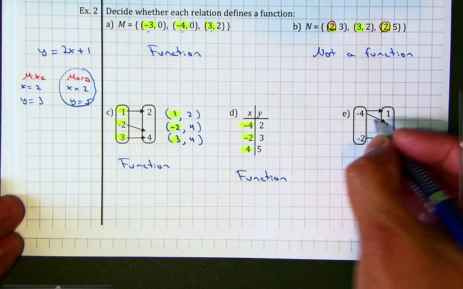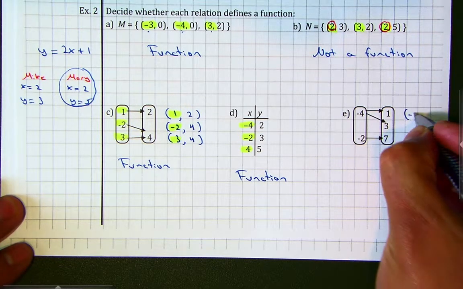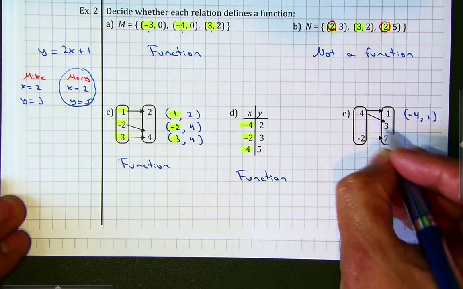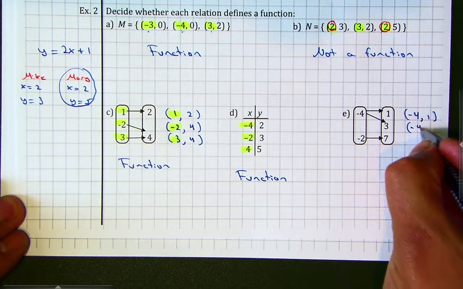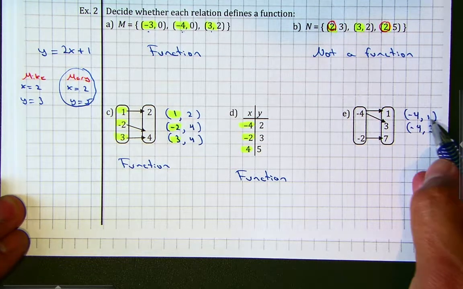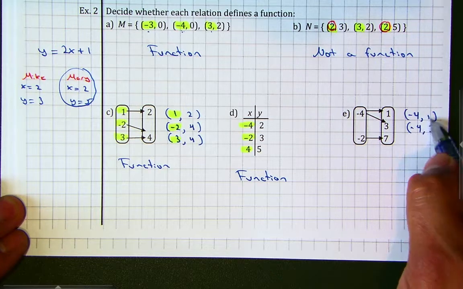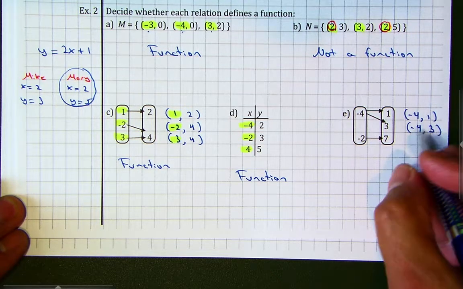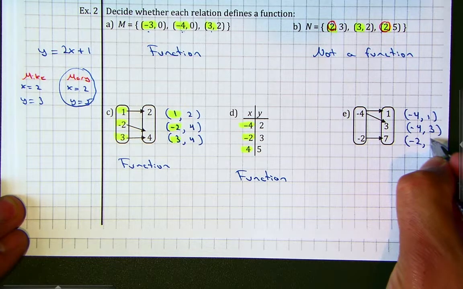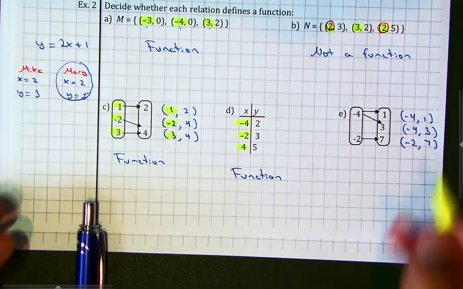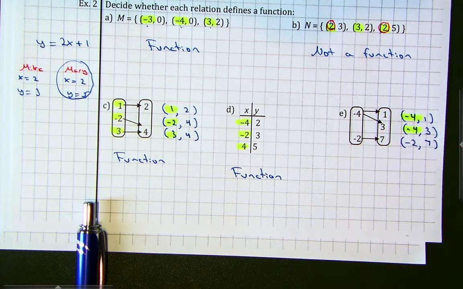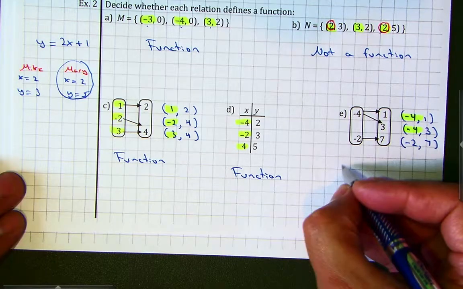In this case, the negative 4 is paired up with a 1. Then the negative 4 is now paired up with a 3. You cannot plug in a negative 4 twice and get different y values. And the last is negative 2 is 7. So in this case, that is not a function.